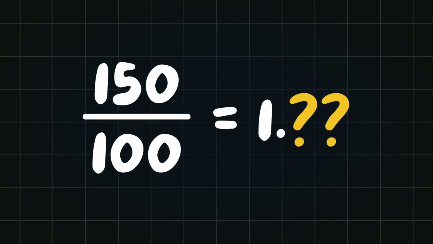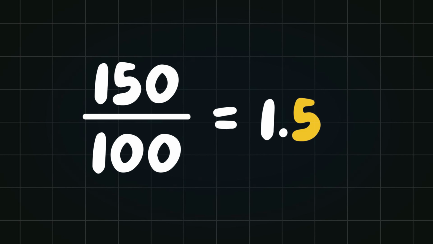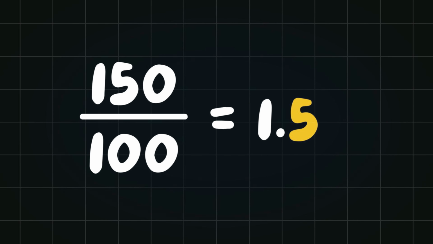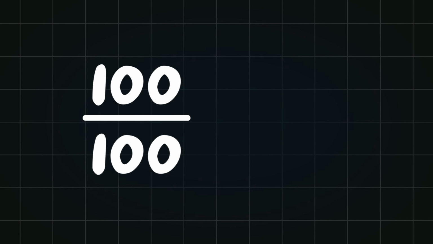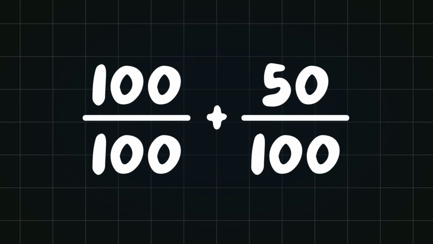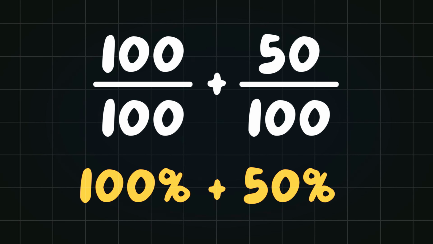This would also be 150%, which would also be equal to 1.5. Okay, guys? 150 out of 100 or 150 divided by 100, or 150% is also equal to 1.5, which is also equal to 100 out of 100 plus 50 out of 100, which is also 100% plus 50%.